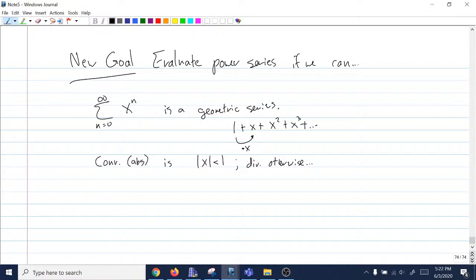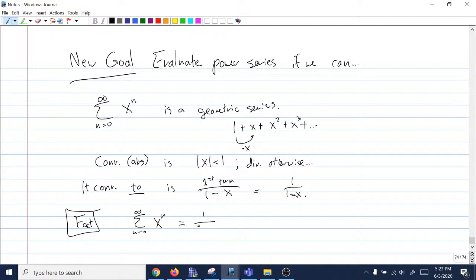And the thing it converges to is first term over 1 minus r. Here our r value is x, and our first term is what I get if I plug in n equals 0. It's 1 over 1 minus x. Fact: the sum from n equals 0 to infinity of x to the n is 1 over 1 minus x, if x is between -1 and 1.